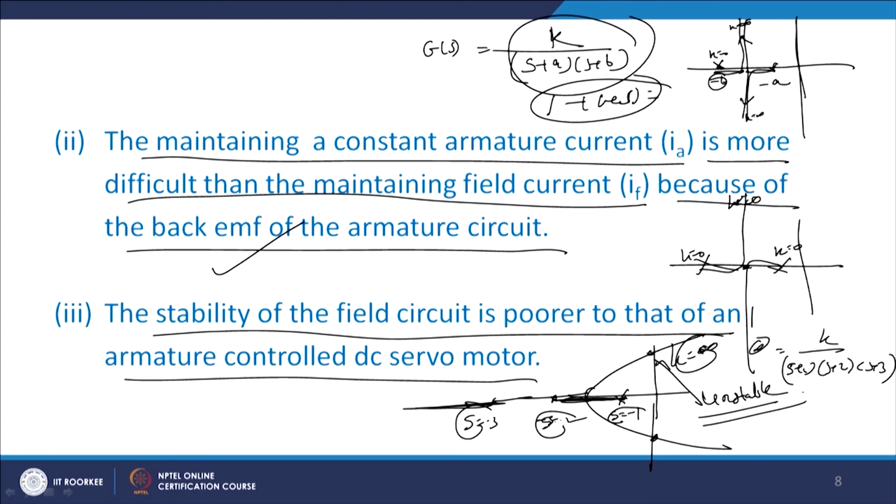So, as you see, the field control circuit is always third order, whereas in case of armature control it is second order. That is why, as the order increases, stability reduces. Therefore, we will say that the stability of the field circuit is poorer than that of an armature control DC servo motor.